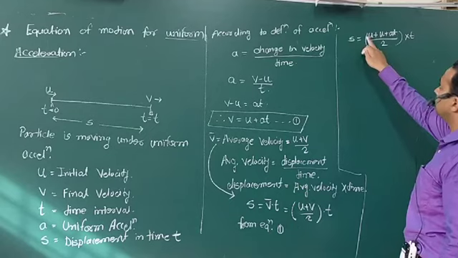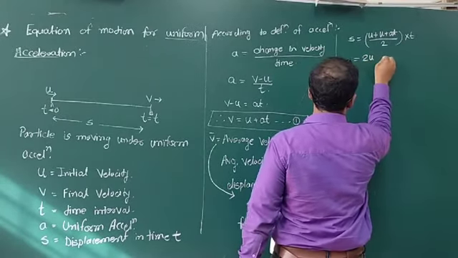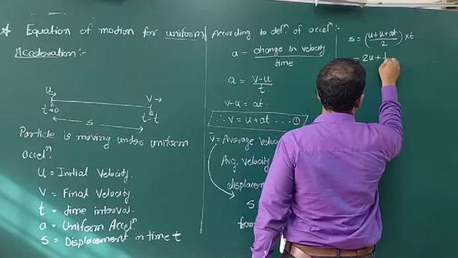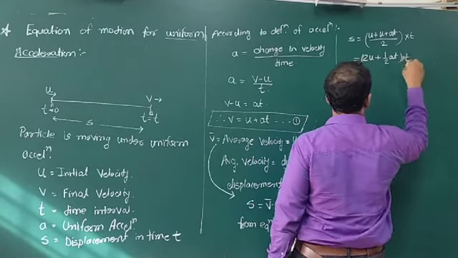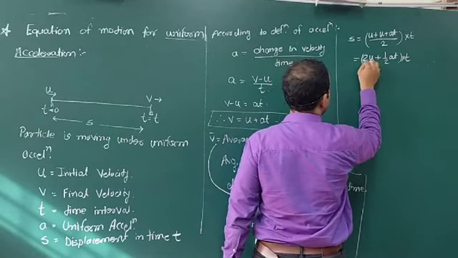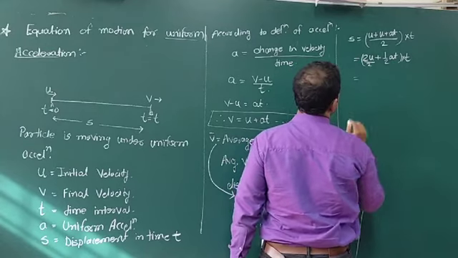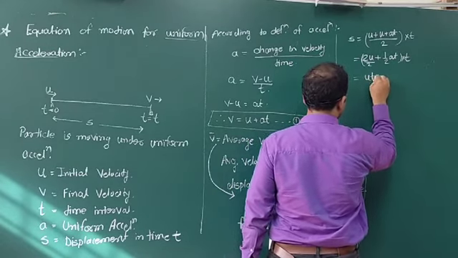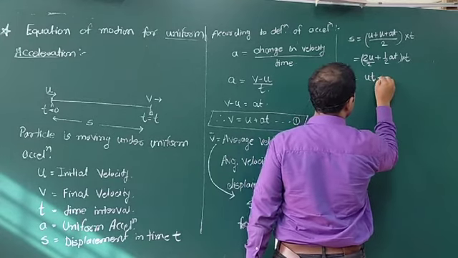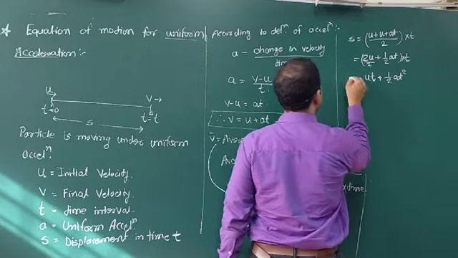Now see here, u plus u is equal to 2u, plus at, into t. So the 2 gets cancelled, so ut plus half at square.